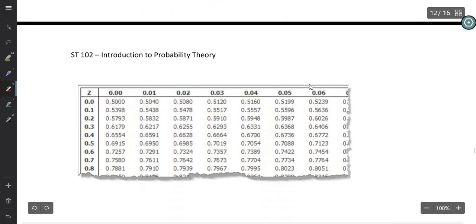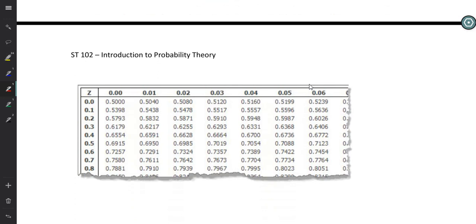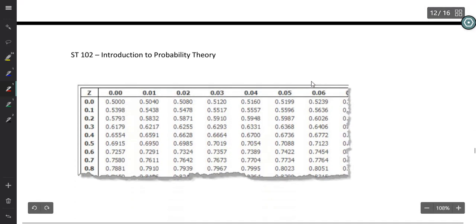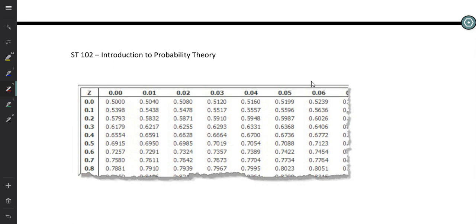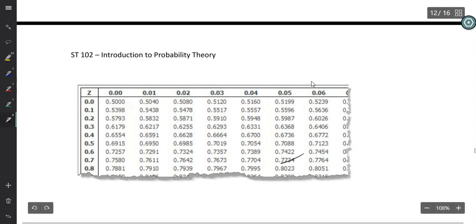Now let's move on to another example. Here's the part of the table again. What if I want the in-between? Okay. What if I want the in-between? I want the probability.